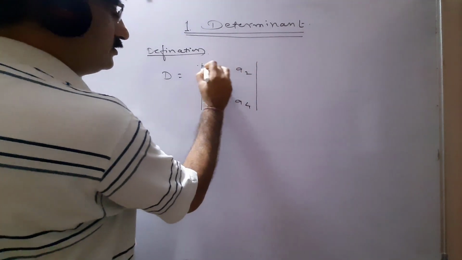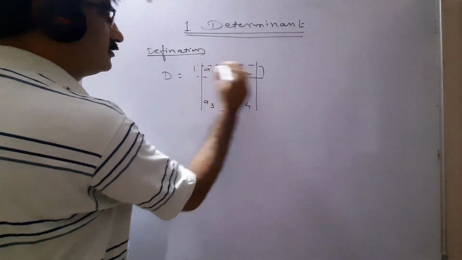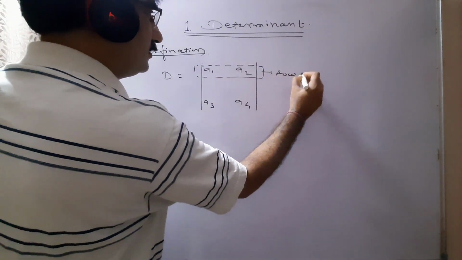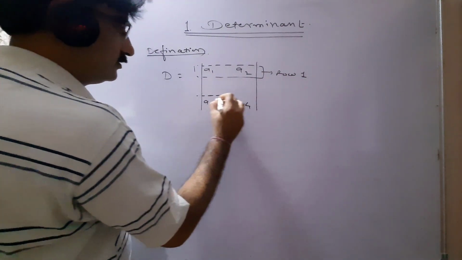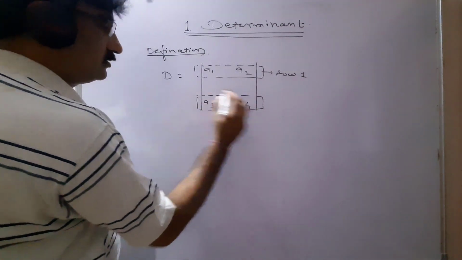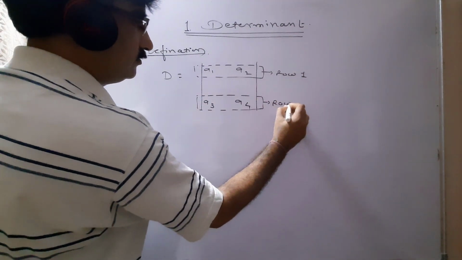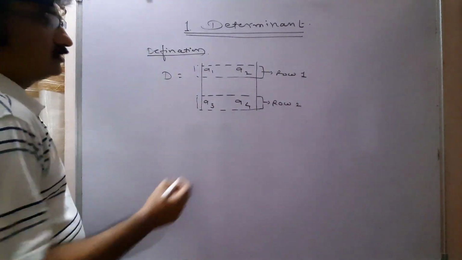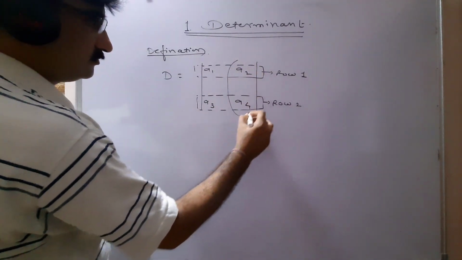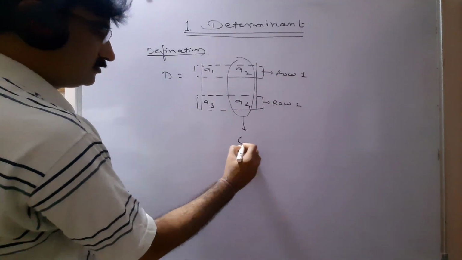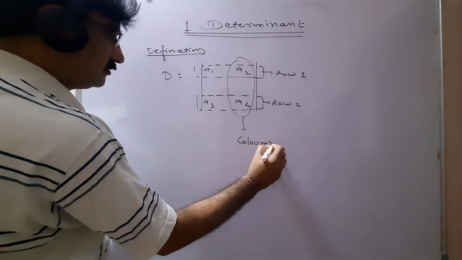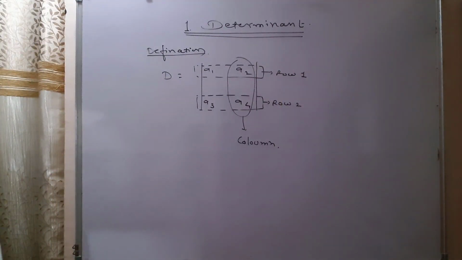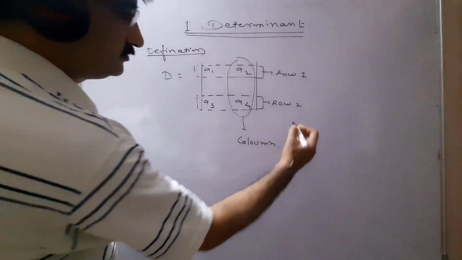So this is a row, that is row 1. This is row 2. After then, this is called column.